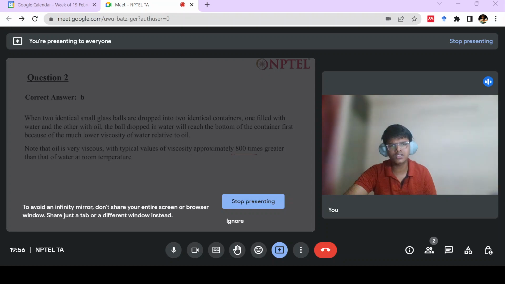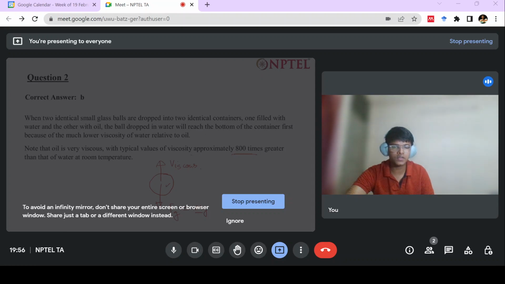So what are the forces acting here? One force acting here is the gravity force, and the other is the viscous force that we have discussed. The gravity force is mg, where m is the mass of this ball.